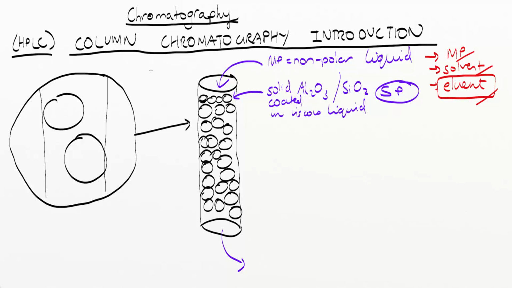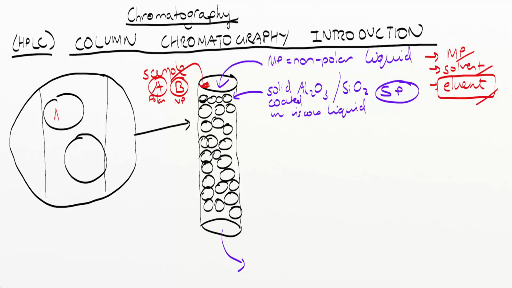So what happens is this: the mobile phase is pumped in and pumped out at the same rate, and then at a particular point I have a bit of a sample, and I put the sample in here. Okay, let's say my sample contains two chemicals, A and B. So the sample contains chemical A and contains chemical B. Let's say A is polar and B is non-polar. What happens? Remember that solid alumina and silica is the stationary phase, and that these are polar.